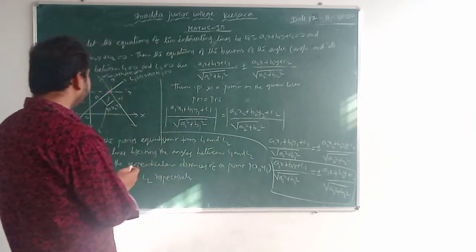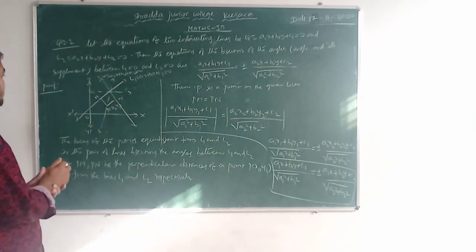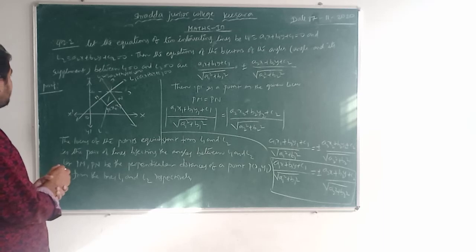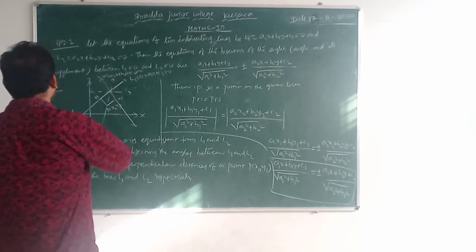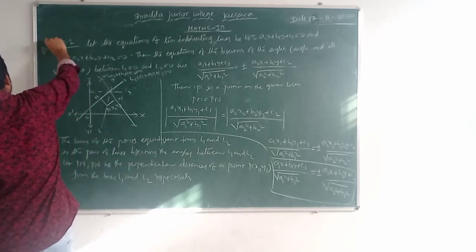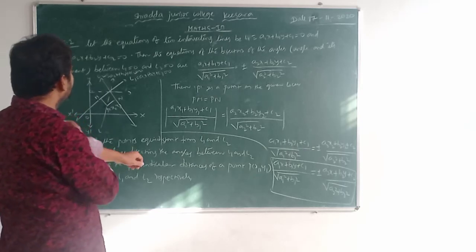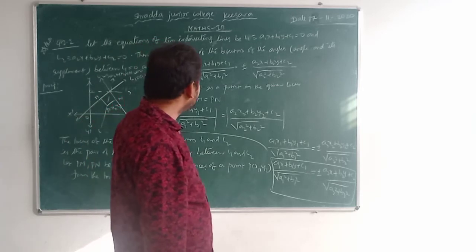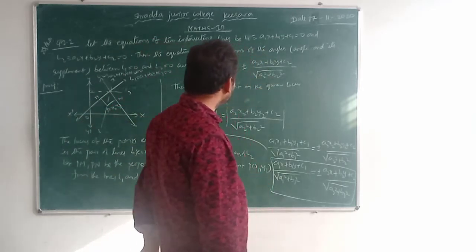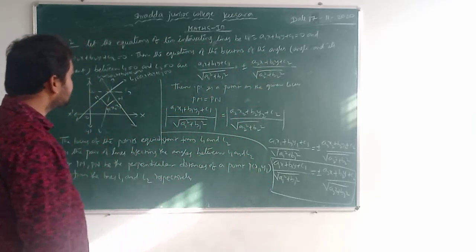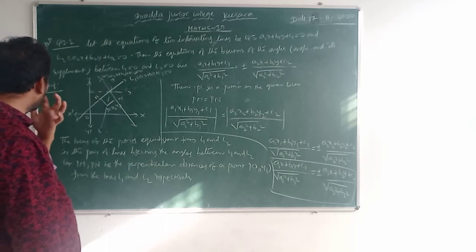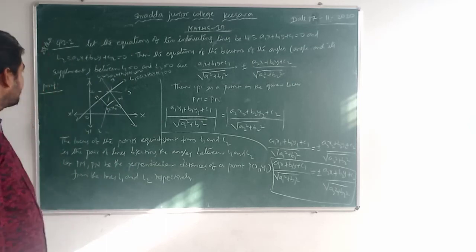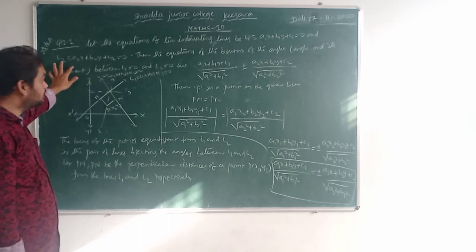See here, once again, listen, this is an important theorem. This is also an important theorem for 7 marks. What is given here? Let the equations of two intersecting lines be L1: a1x plus b1y plus c1 equals 0 and L2: a2x plus b2y plus c2 equals 0.